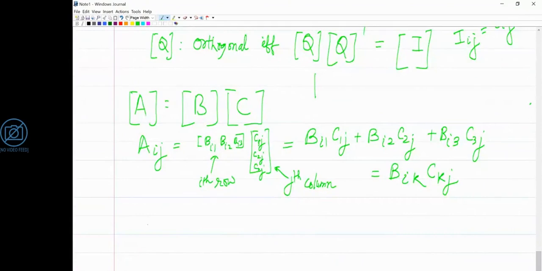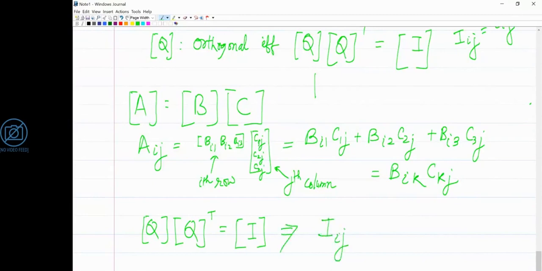Yes, sir. So suppose that I have this thing over here, Q Q transpose equal to identity. Then what does this mean? What will be Iij?